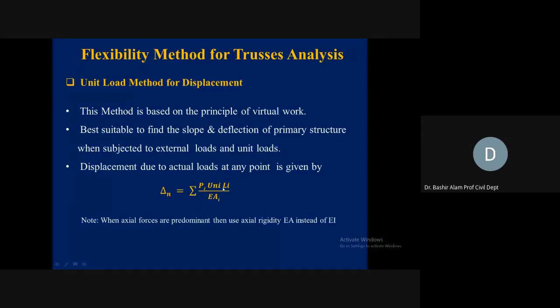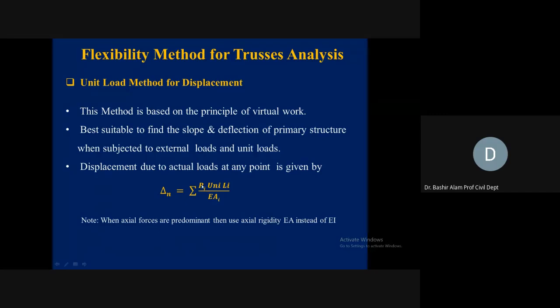If you see, the integral was over dx. Here Li, the whole length, we are using. Here it was integrated over dx. Now P is the axial force. It is now analogous to the capital M value. How will it be calculated?